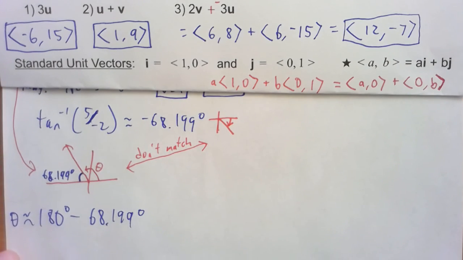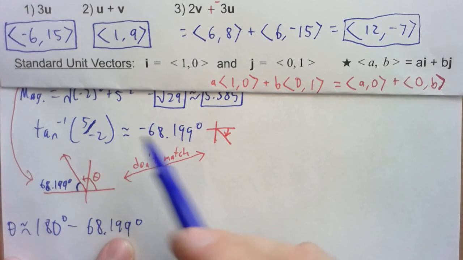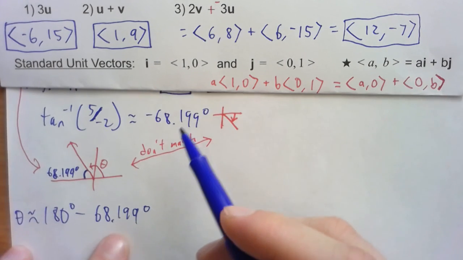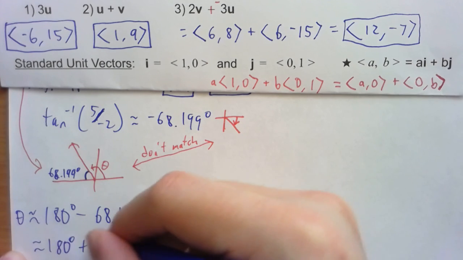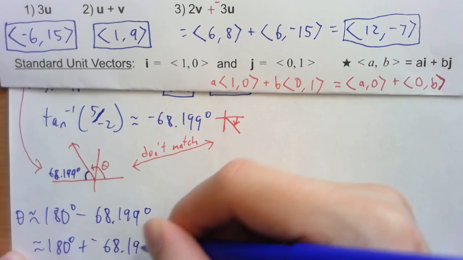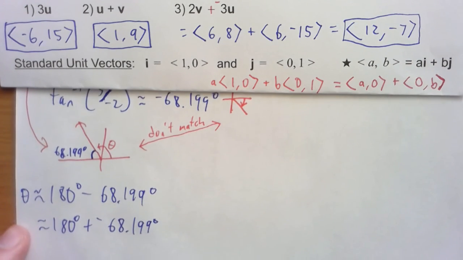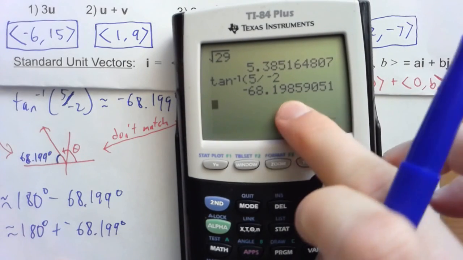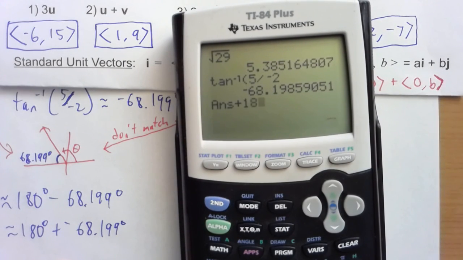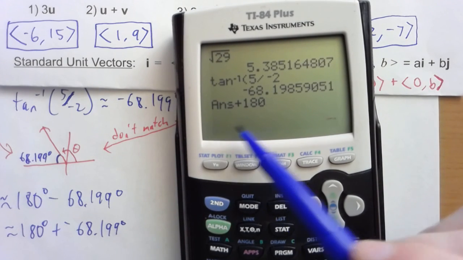180 minus 68.199 degrees. Now the only thing is in my calculator, what I have is the negative 68.199. So what I'm going to do in my calculator is I'm going to add negative 68.199 degrees to get that subtraction there. I'm going to take that negative and add the 180. Okay, again, if I just hit the plus button, it'll put ans in there.